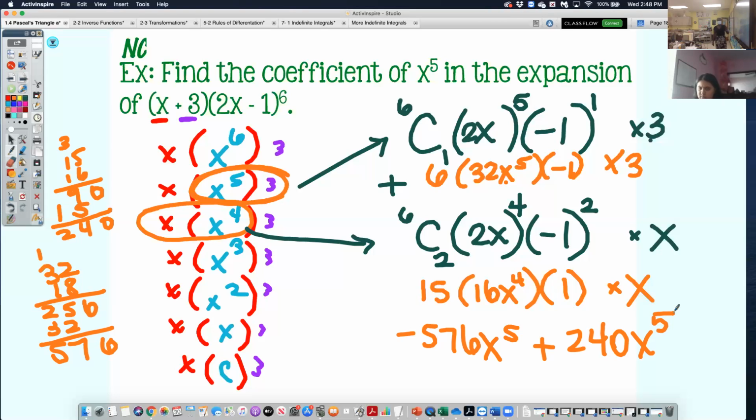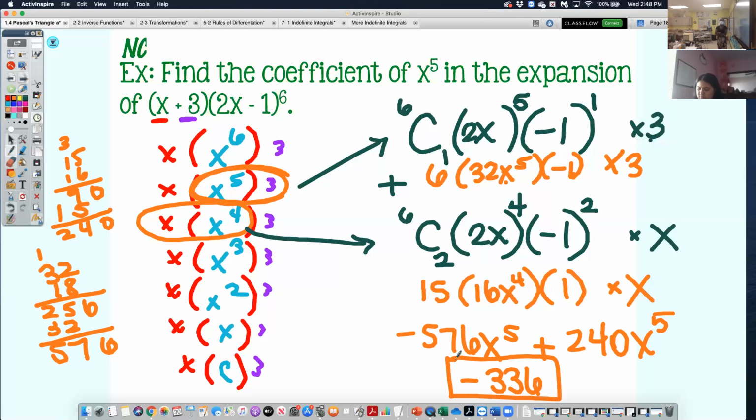So then I add those up together, and I'll be able to get the coefficient of x to the 5th in the expansion of x plus 3 times 2x minus 1 to the 6th power. And that's going to be a negative 336.